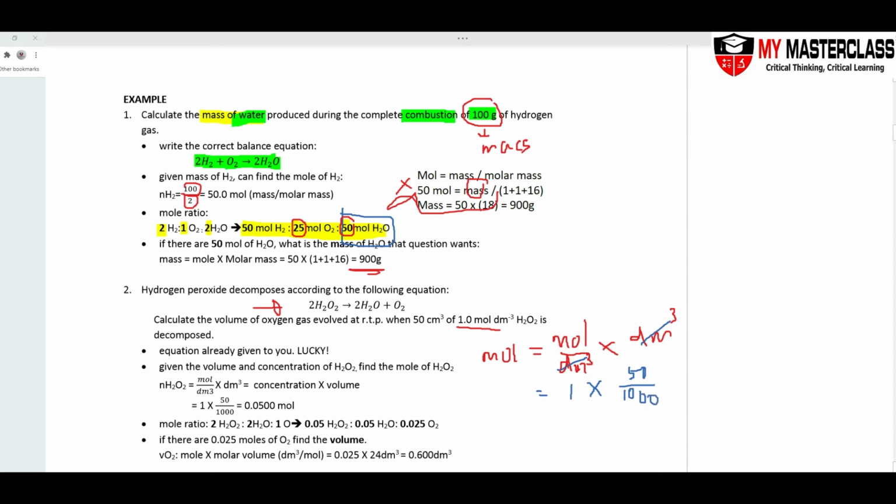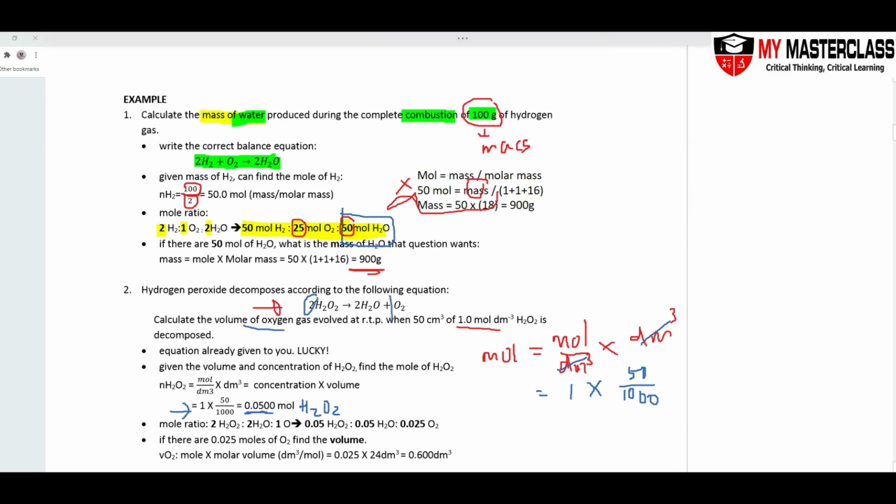If you do this working, you will have 0.05 moles, and this 0.05 moles is your H2O2. Back to this equation, 2 units is 0.05. The question is asking what's the volume of oxygen. So 1 unit, how much is it?